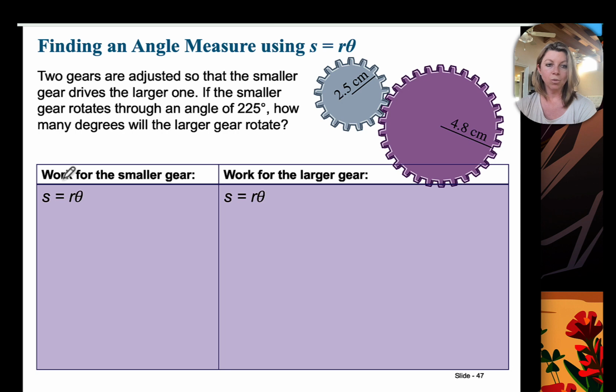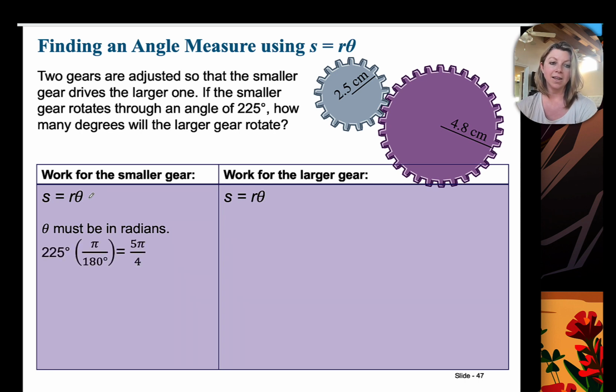Okay, so let's start with the work for the smaller gear. We have our formula in its general form, S equals R theta. We're going to plug in what we know, which is theta. However, our theta needs to be in radians, so we take the given 225 degrees and convert that to radians.